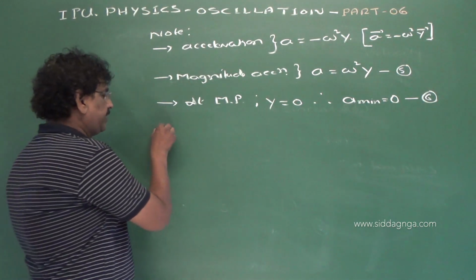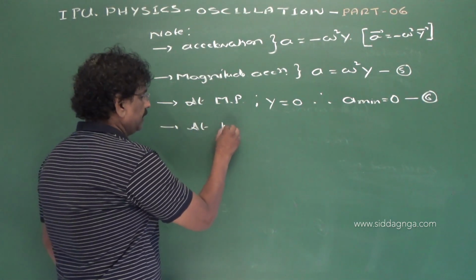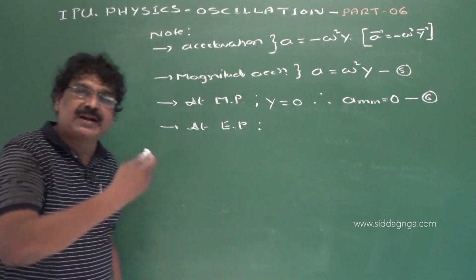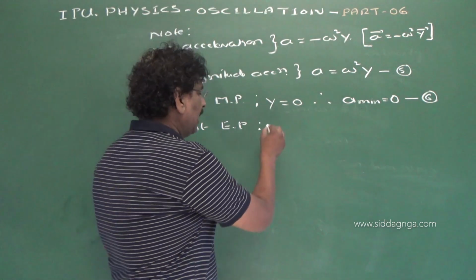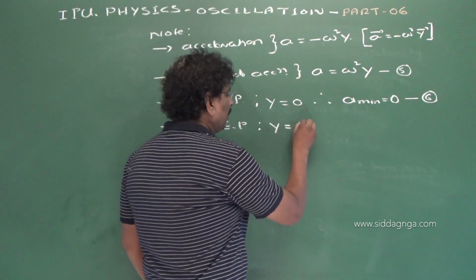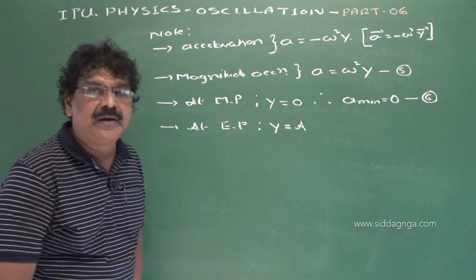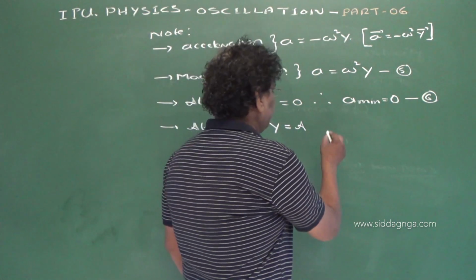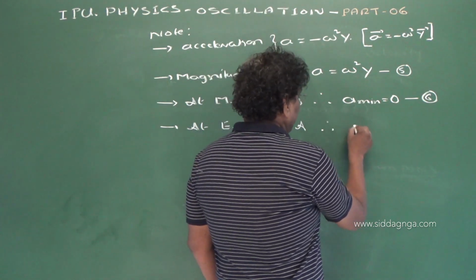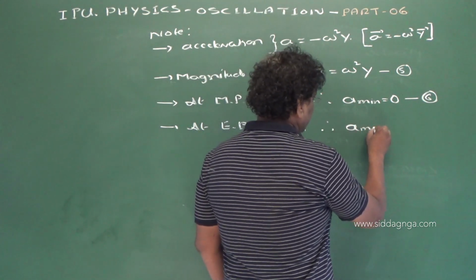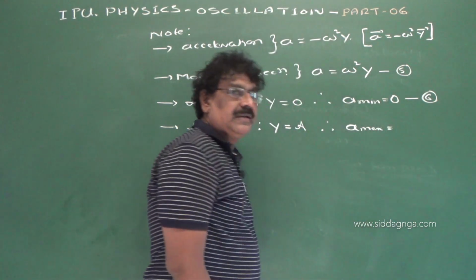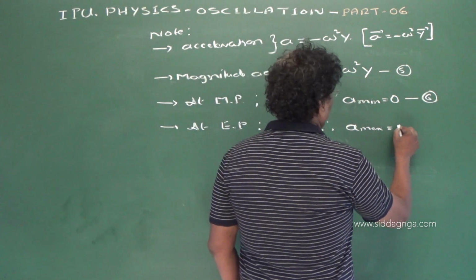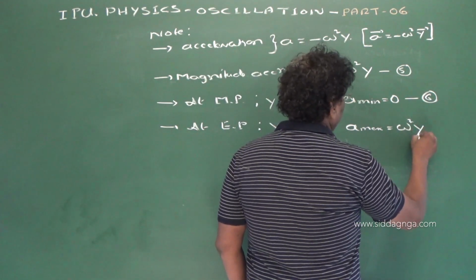Now, at extreme position, both the extreme positions towards positive side or negative side, y is equal to A. Again, A is the magnitude of amplitude which remains the same. Therefore, A maximum, because the maximum value of displacement is amplitude, is equal to omega square into y.